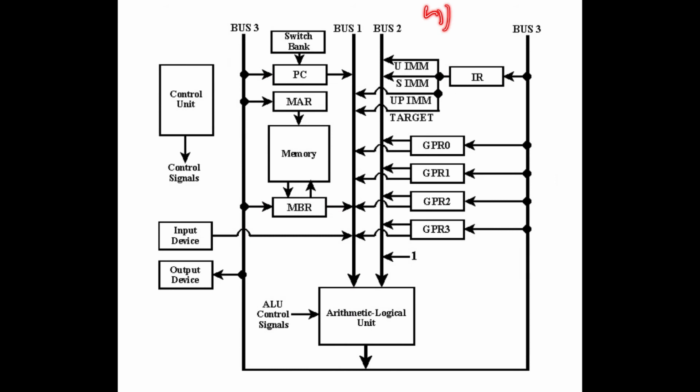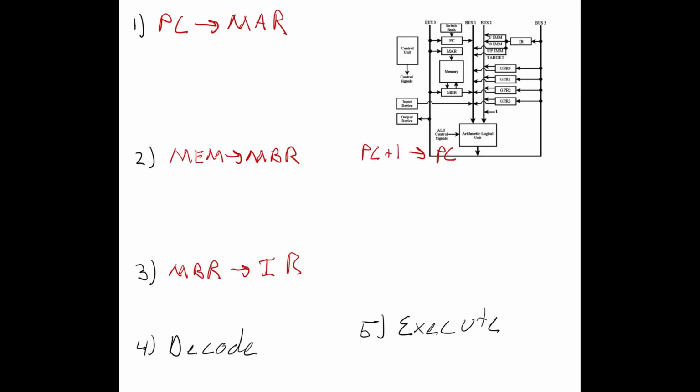The fourth step will be called the decode, where we'll look at the instruction we got out and figure out what it is. And then the fifth step will be able to execute that instruction. And then we'll go back to the first step and do it over and over again until we're told to halt. So here are these 5 steps right here.